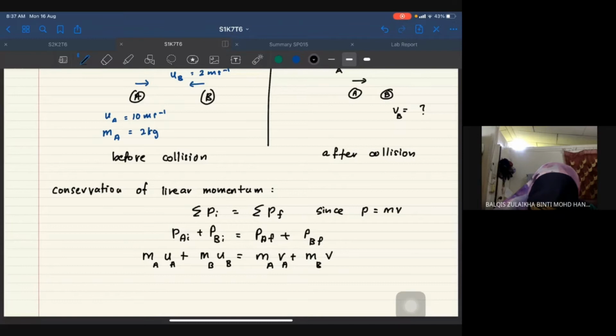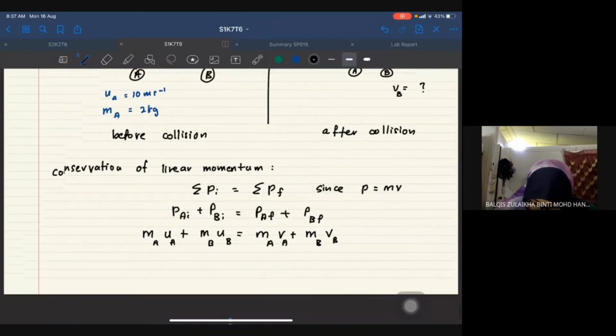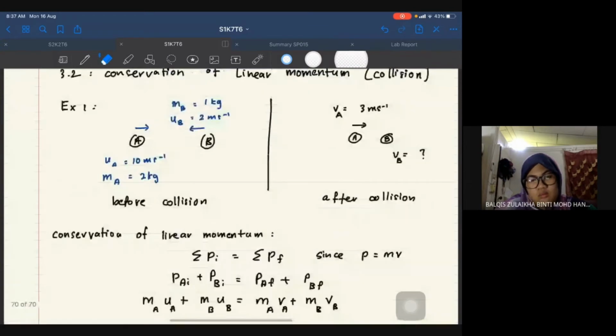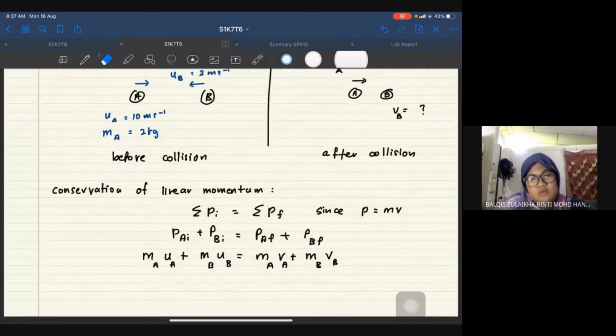The subscripts is really important because if you didn't do, nanti kamu confused, especially kalau kamu buat the two dimensional. And this one is still one dimension. Dia punya collision tu dekat satu dimension lagi. Hanya X, dia tak ada Y. So maybe we can try to substitute.